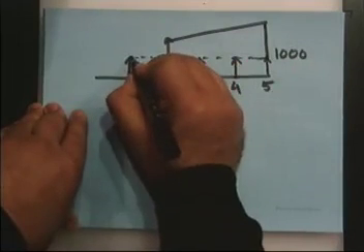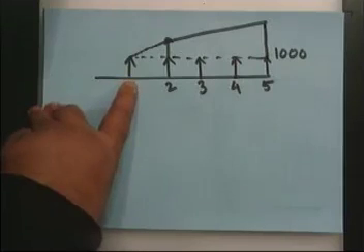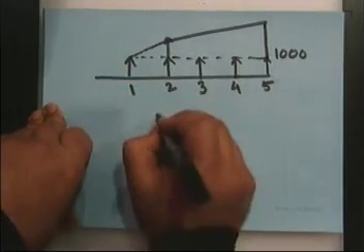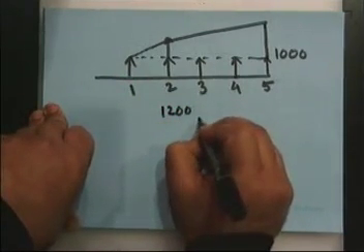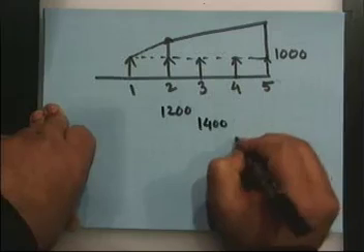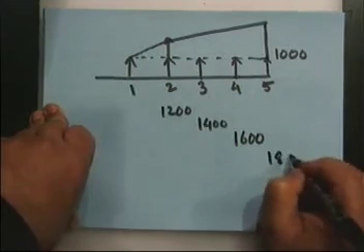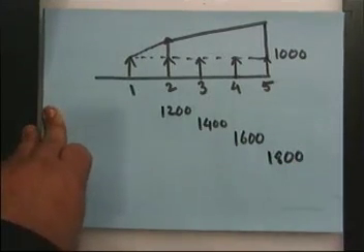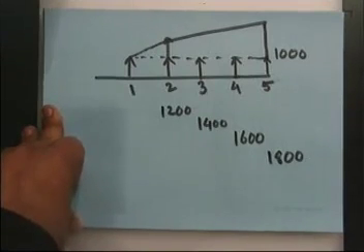That means first year I am getting 1000, second year I am getting 1200, third year I am getting 1400, fourth year I am getting 1600, and finally fifth year I am getting 1800. So, this is a problem in which the cash flows are increasing in an arithmetic gradient manner.